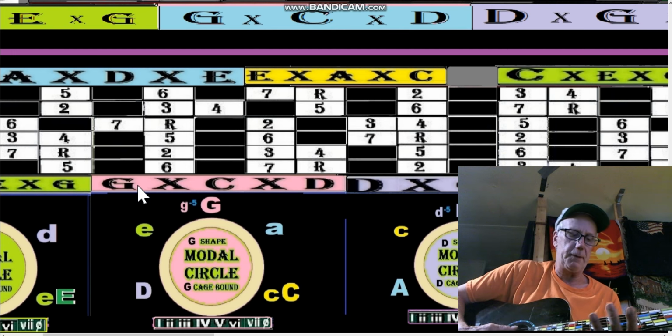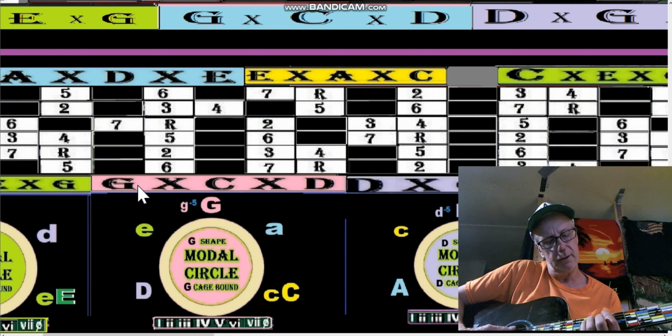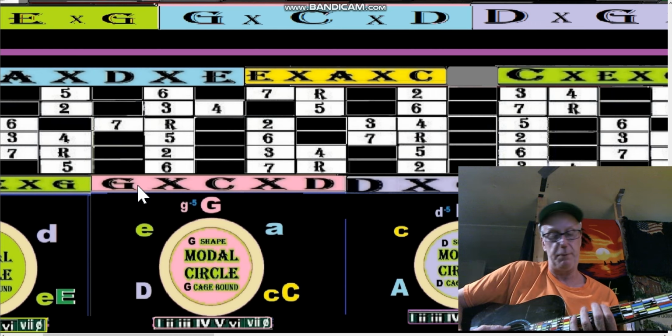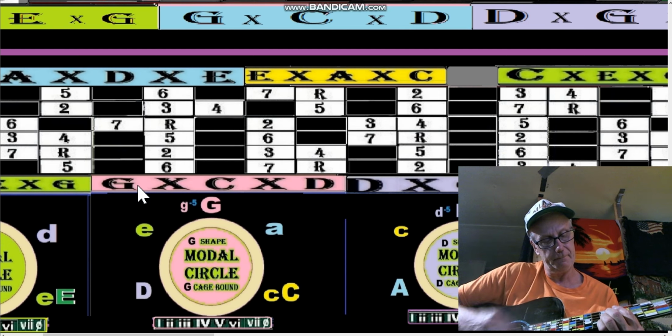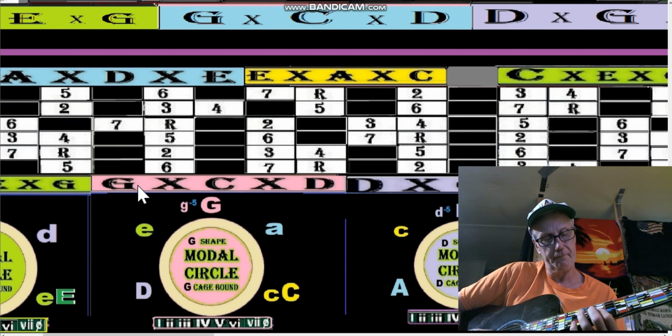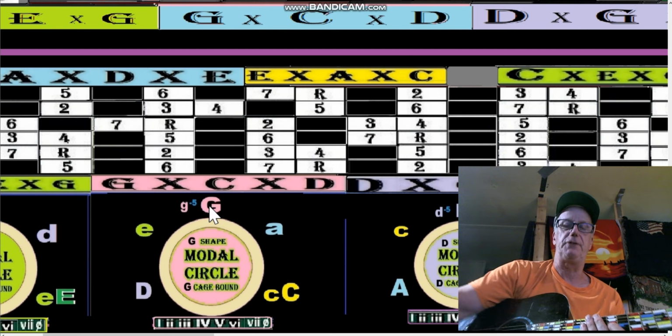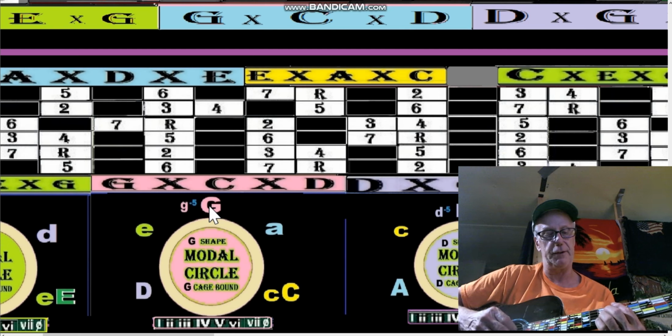Now we would want to play the pentatonic. If we're going to play the root pentatonic, it would be this. So that would be the G shape. I just played the C shape, so that was wrong. That's why it didn't sound good.